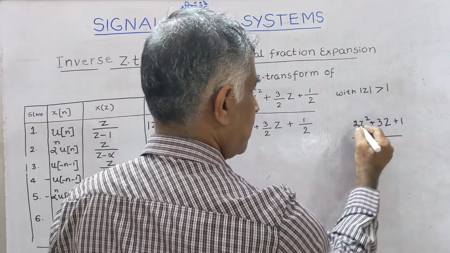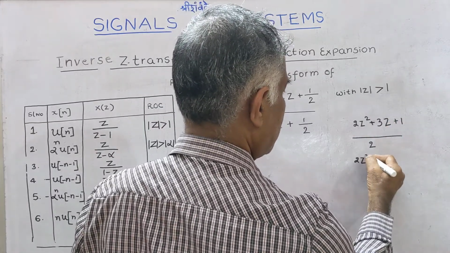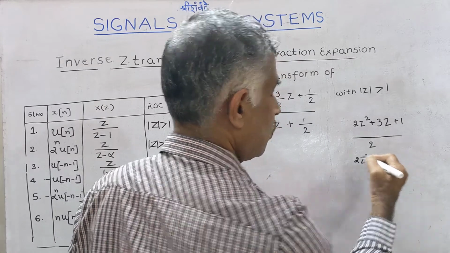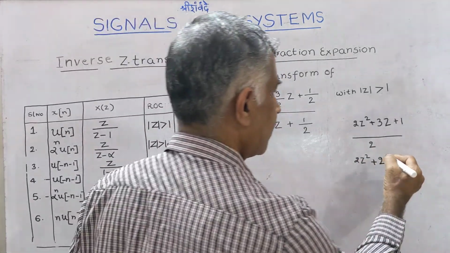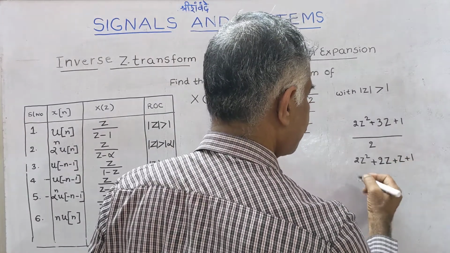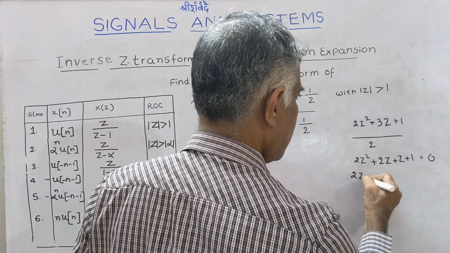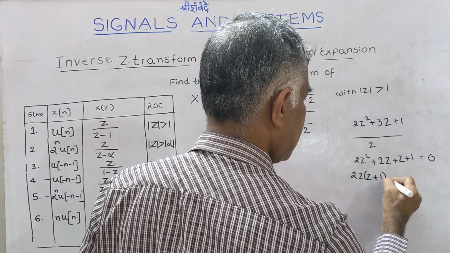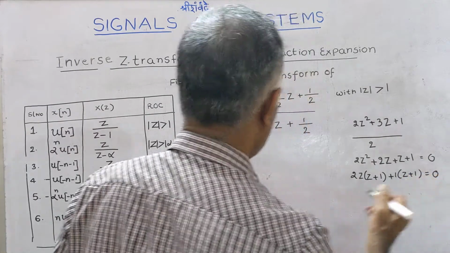Now 2z square plus 3z plus 1 is factorized: 2 into 1 is 2, 2 plus 1 is 3. Therefore 2z square plus 2z plus z plus 1 equal to 0. Therefore 2z into z plus 1 plus 1 into z plus 1 equal to 0.